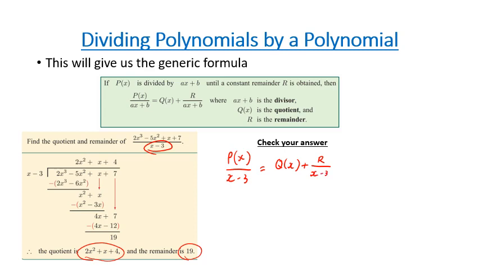So then we can rewrite this: 2x cubed take 5x squared plus x plus 7, all divided by our divisor, x take 3, is basically equal to 2x squared plus x plus 4, plus our remainder, 19 divided by x take 3.